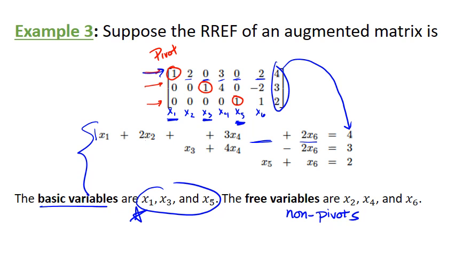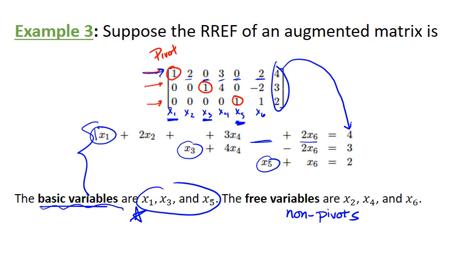Now x1 is only located in one spot. x3 is only located in one spot, and so is x5. Those are my basic variables. On the other hand, my free variables are everything else.